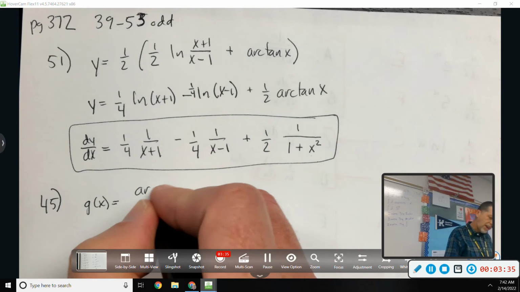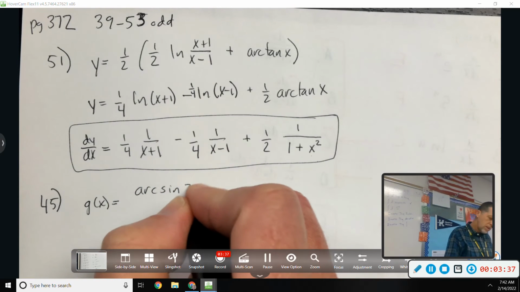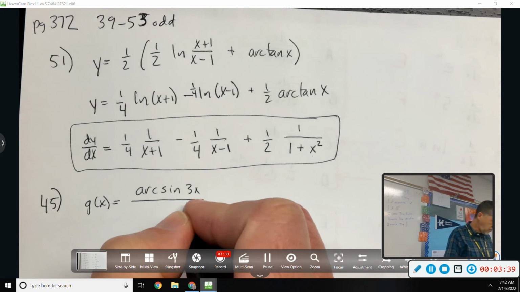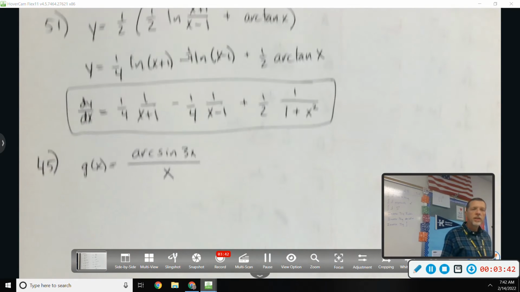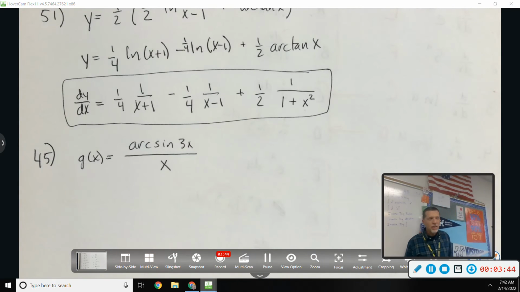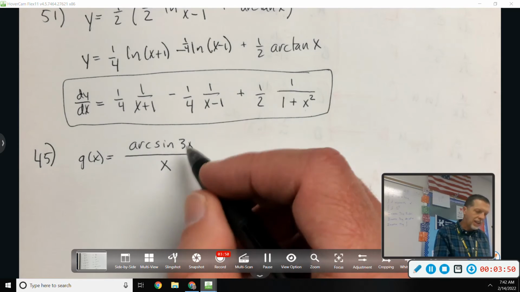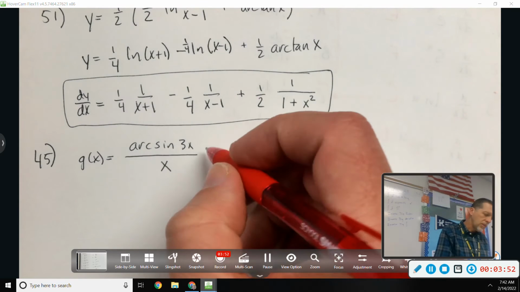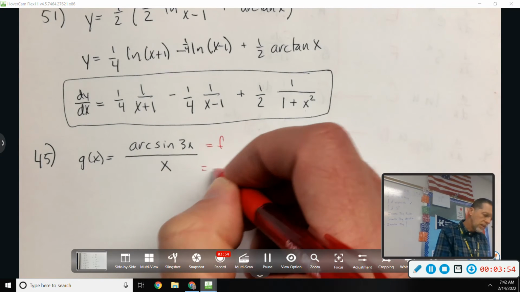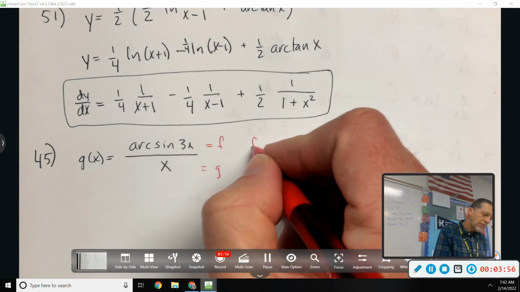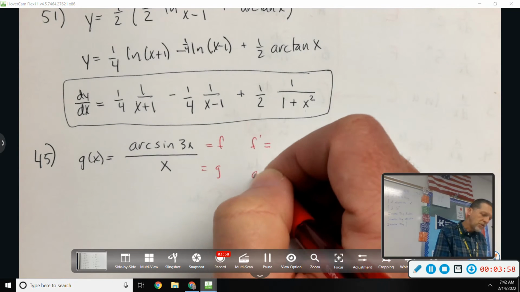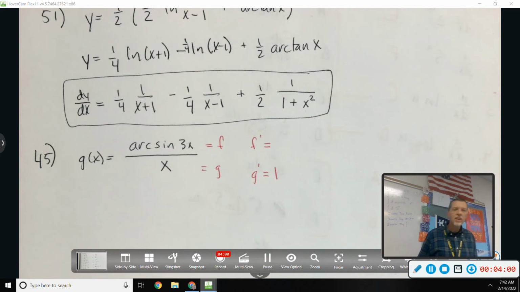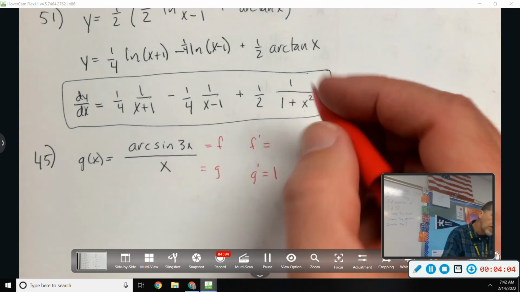45. I see a quotient rule in our near future, because I think about algebra, I'd like to do algebra to get rid of it and make life a little easier or simplify things, but I can't do anything with that. So the top one's f, bottom one's g. g prime's easy. f prime, let's see, derivative of arcsine.